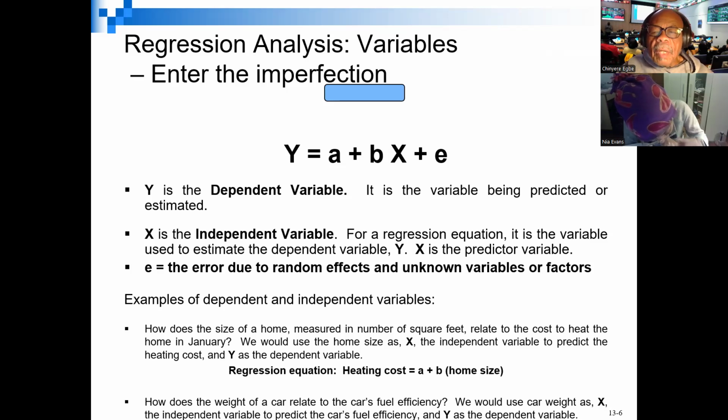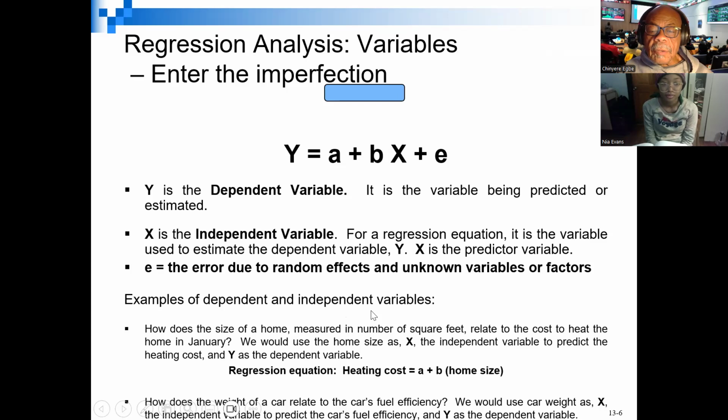B might be 3 for you and 3.1 for me and 3.2 for somebody else, or it might be 2.9 or 2.85 for somebody else. But on the average, it will be 3, okay? So in regression analysis, we call X the independent variable, okay? And E is error due to random effects on known variables or factors, all right?